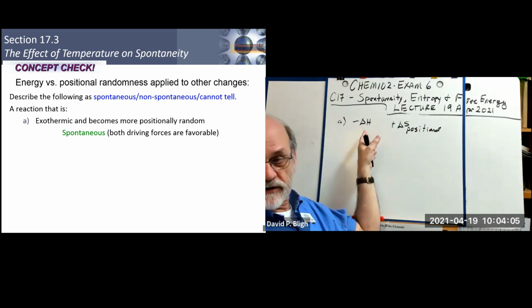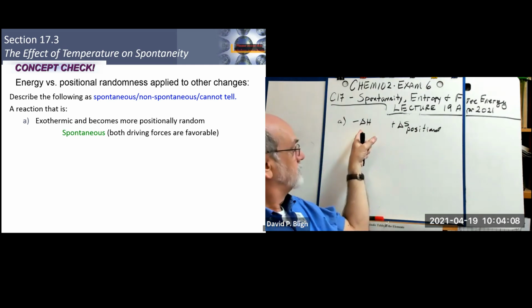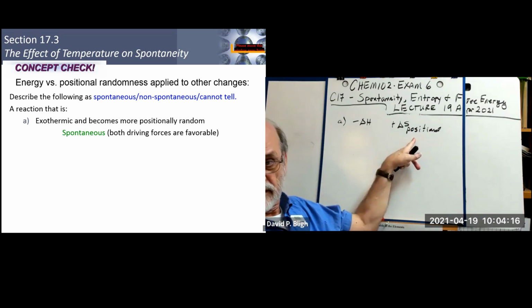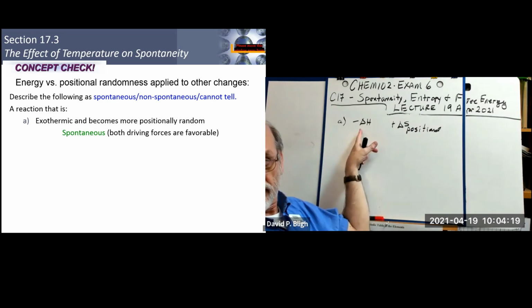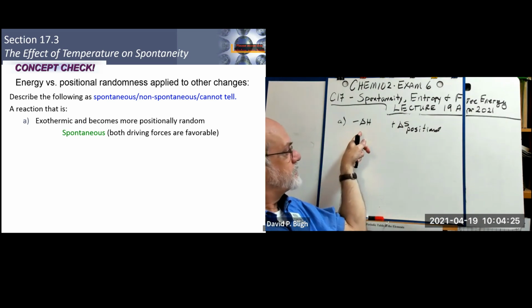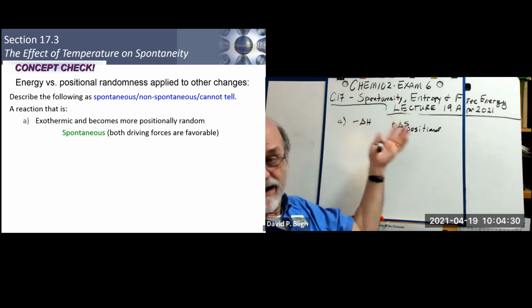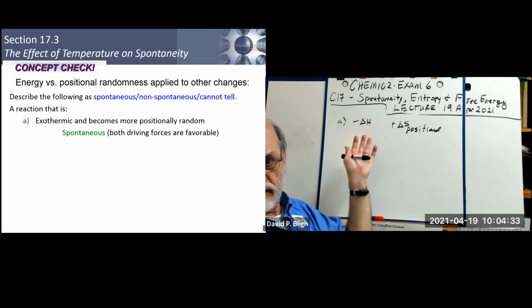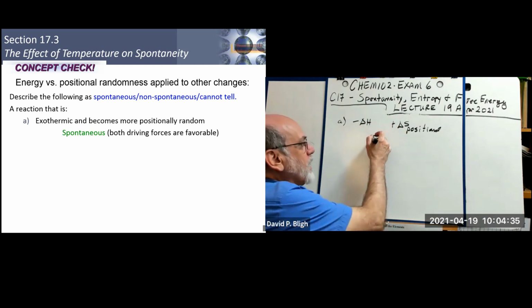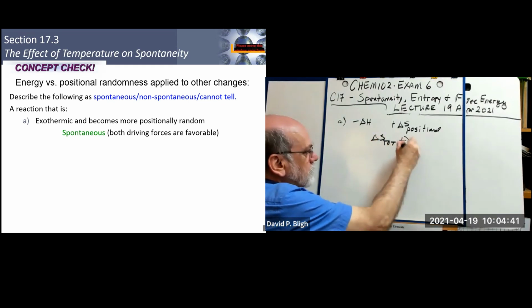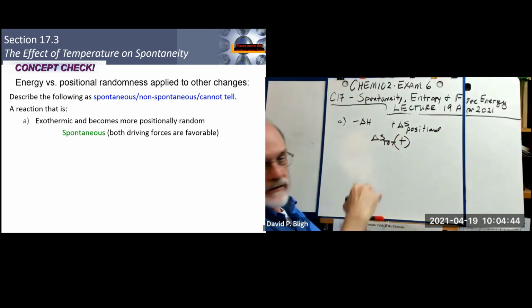Both of these driving forces are favorable, right? No matter what the temperature is. At high temperature, of course, this would be favored. But at low temperature, this would be favored. But this one is exothermic and positionally random. So both are favored. Both are there at any temperature. So under these conditions, we're always spontaneous.